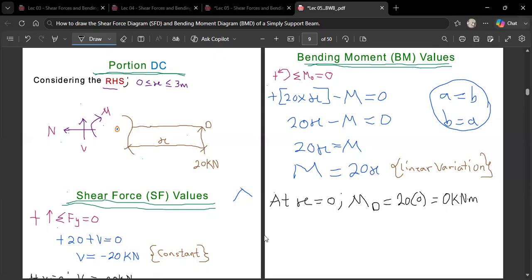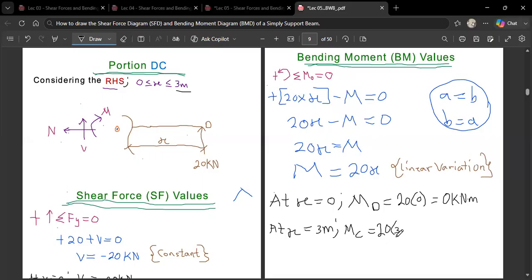Then we also come and do it for the other one too. At x is equal to 3 meters, our moment at C is equal to 20 times 3.